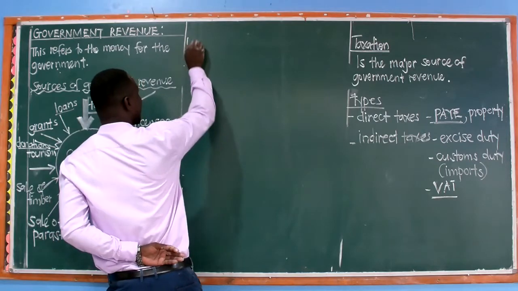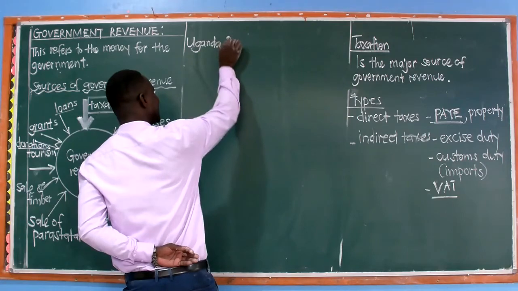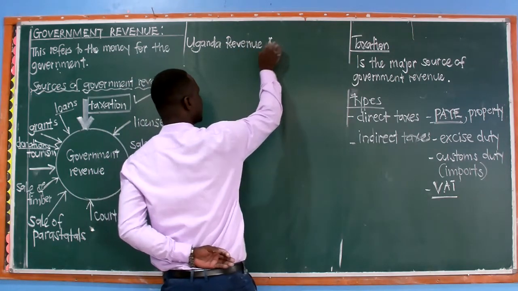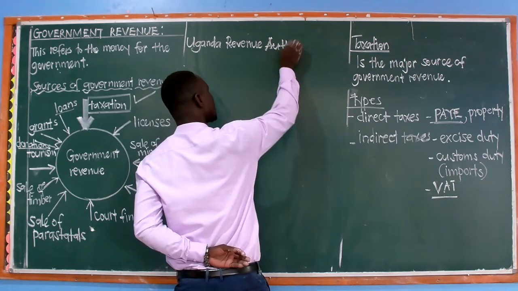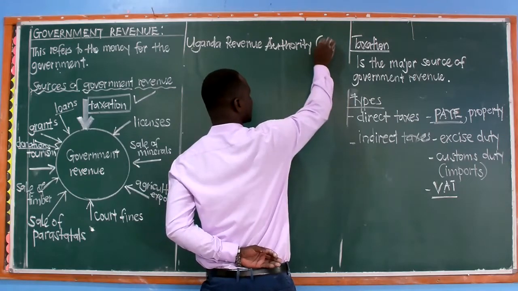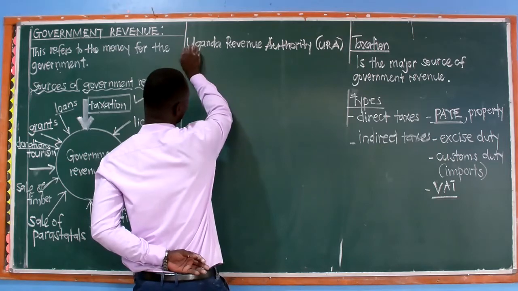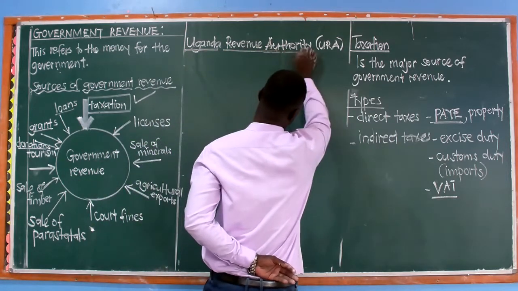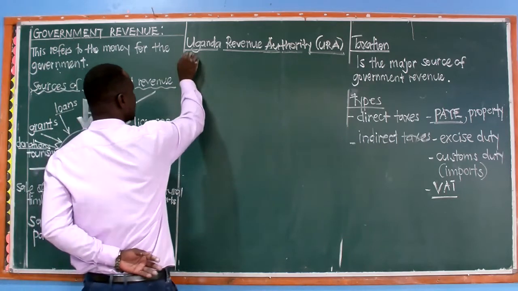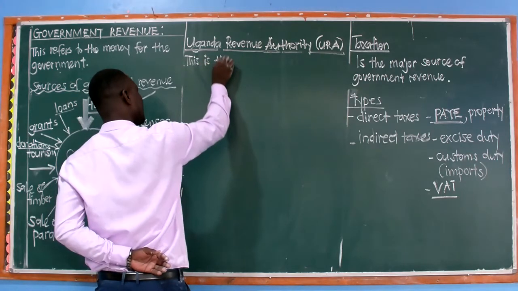Those taxes are collected by the Uganda Revenue Authority. This is what we are going to write in short as URA. You must have heard about URA. So that is about Uganda Revenue Authority. It is the body in Uganda that collects taxes.